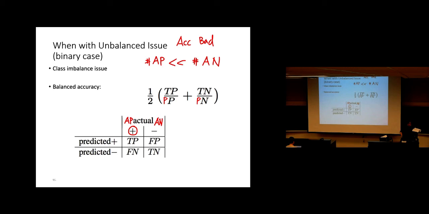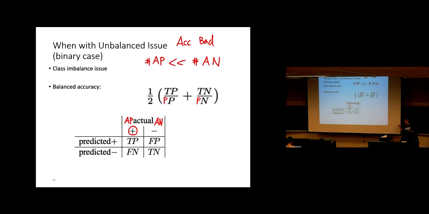In those situations, a classifier can have really high accuracy, because if you use accuracy as your optimization goal, highly likely the classifier will just learn to classify everything as negative.